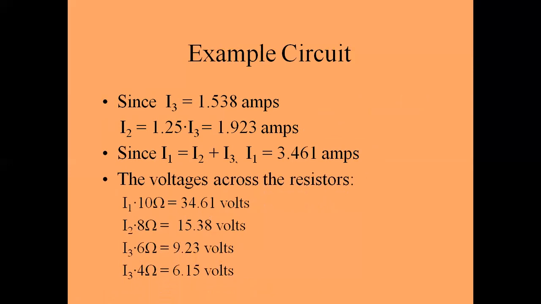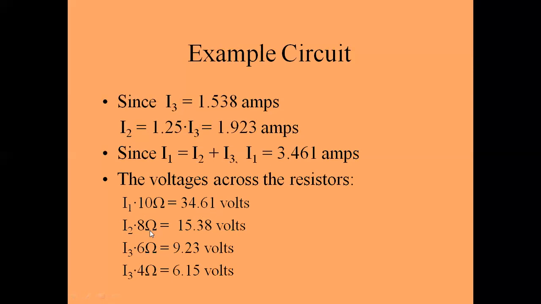Now what remains is to find the voltage drop across each resistor, which is nothing but the current flowing through that resistor or branch times the value of that resistor. The voltage drop across the 10 ohm resistance is 10 I1, and we have already found I1, so 3.461 into 10, that is 34.61 volt.